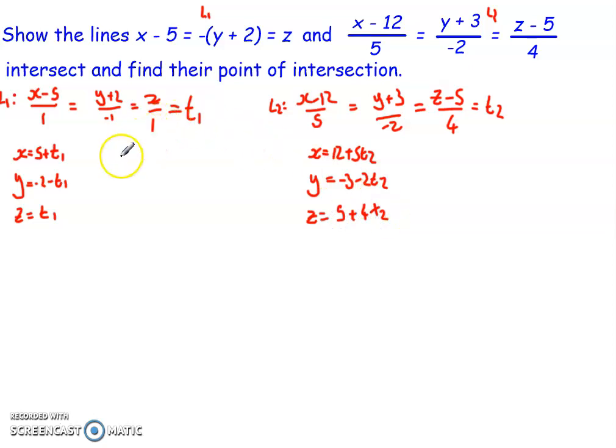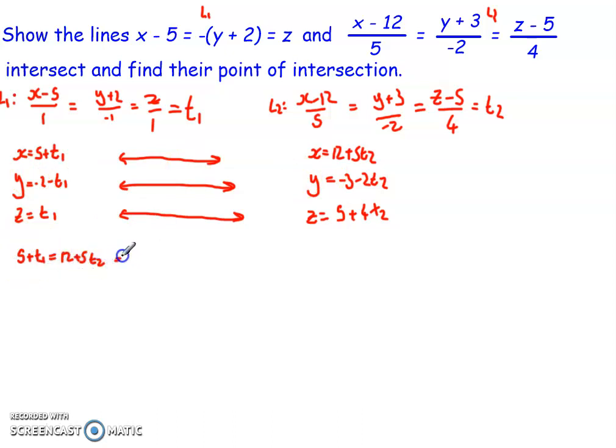Now what I can do is equate corresponding terms. So I'm going to equate the x's to each other, the y's to each other, and the z's to each other. If I do that, I can rearrange each of these equations so I get a set of equations in terms of t1 and t2. So for the x's, I'd have 5 plus t1 equals 12 plus 5t2. I could rearrange it and get t1 minus 5t2 equals 7.